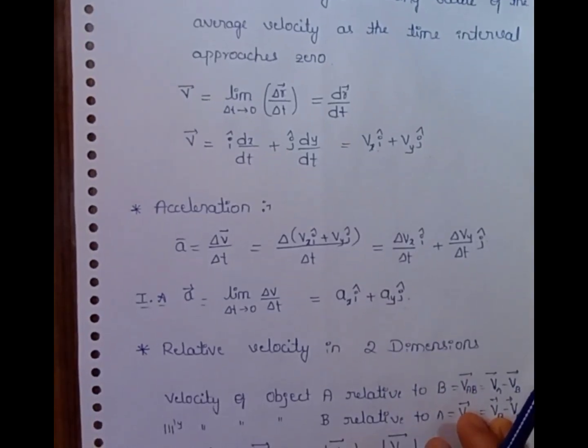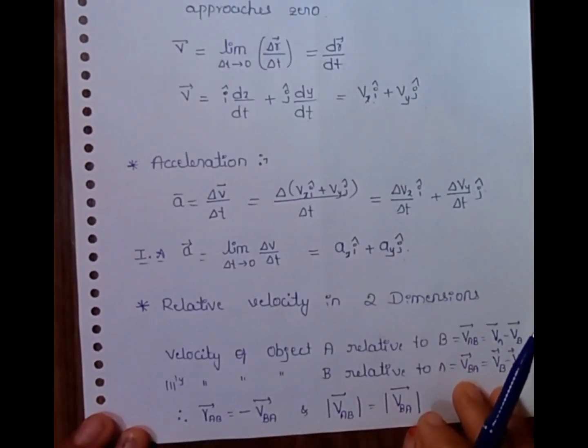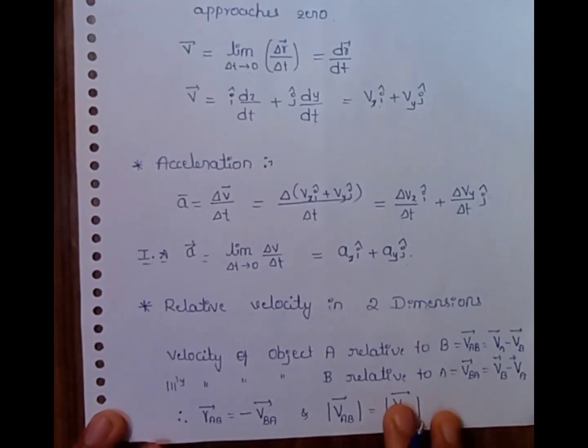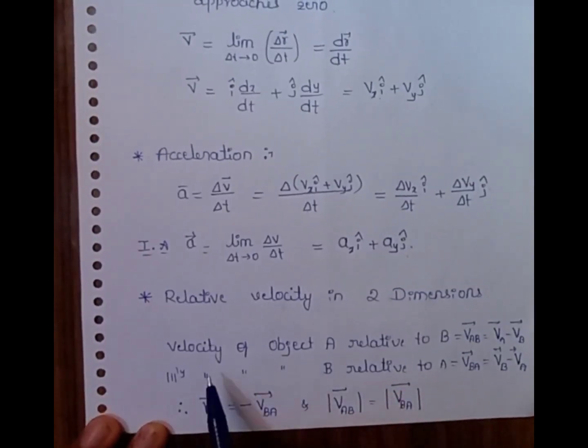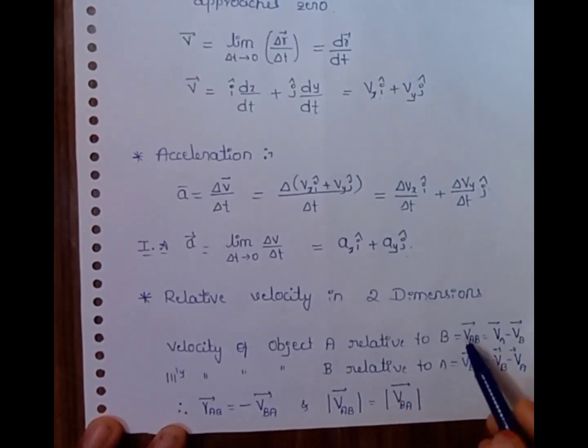Next, how do we write relative velocity in 2 dimensions? If you consider 2 objects, one is related to another and the other is relative to the first one. In this way, we write the velocity of object A relative to B. Object A is relative to object B. Then how does the velocity change? How can we write it? VAB is equal to VA minus VB.